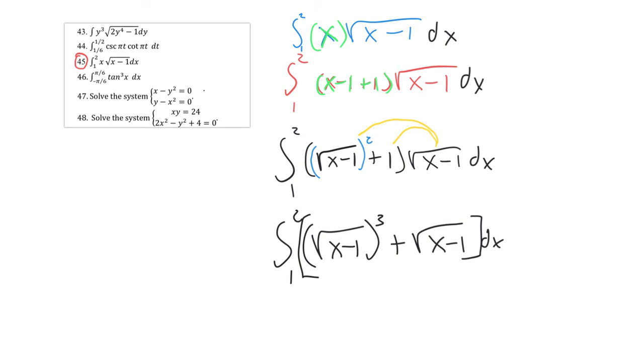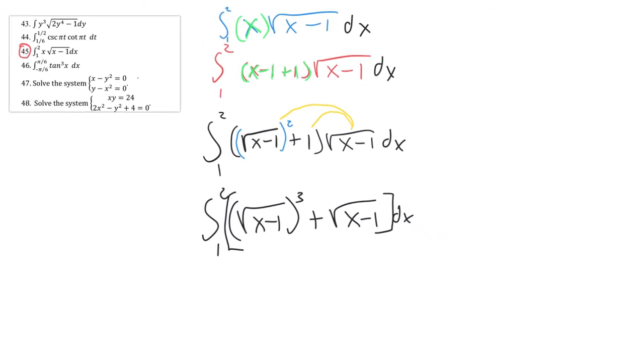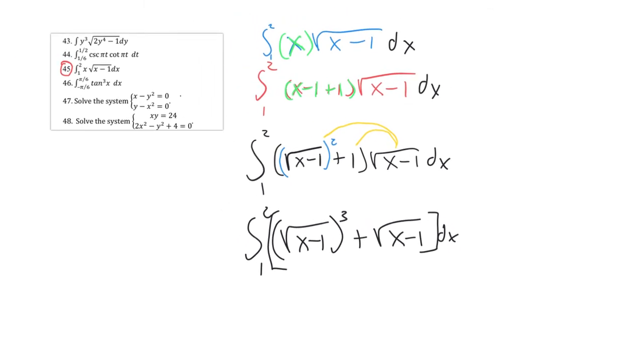Now, at that point, we should be able to set u equal to x minus 1, I believe. Yeah, because then the derivative of that would just be dx again, and therefore we can replace all the x minus 1s with a u.